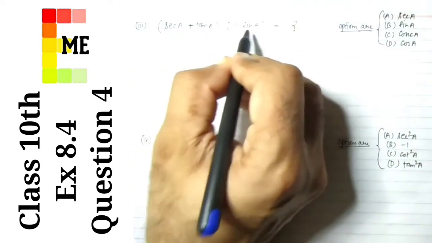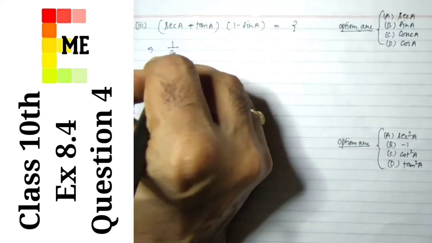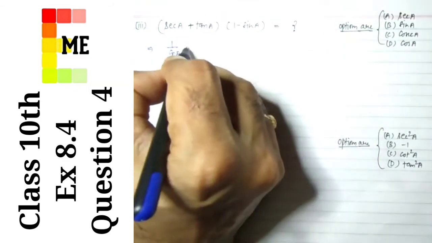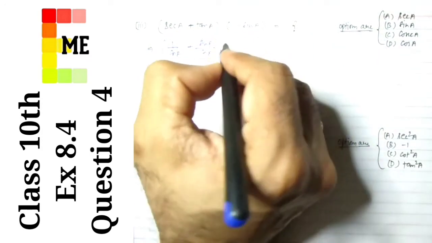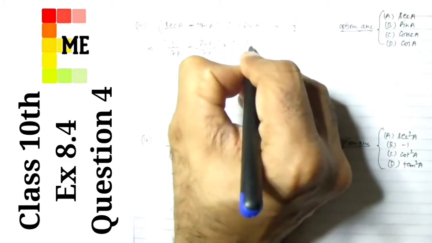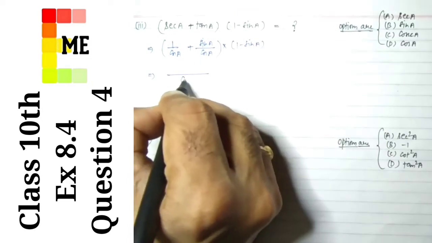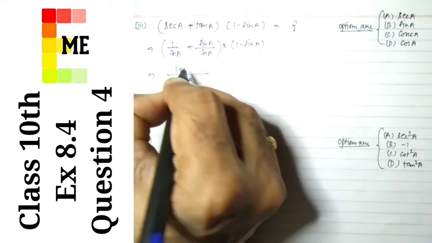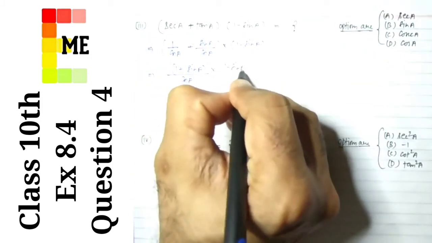Sec a can be written as 1 upon cos a, as sec a and cos a are reciprocal to each other, plus tan a can be written as sin a upon cos a, in bracket, and we have 1 minus sin a. Let's take LCM in the bracket. LCM is cos a. We have 1 plus sin a in the numerator multiplied by 1 minus sin a.